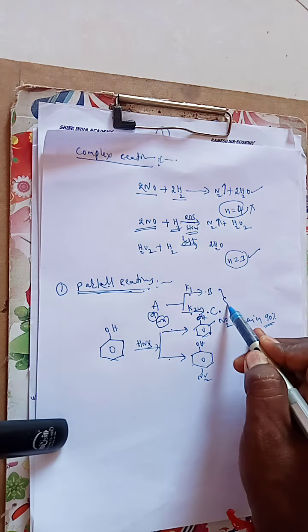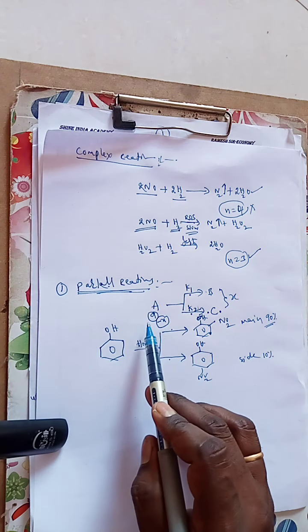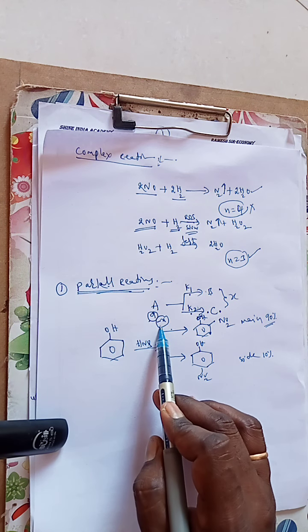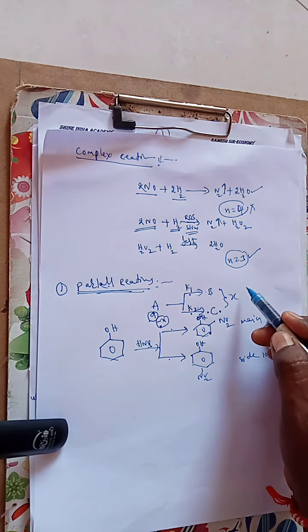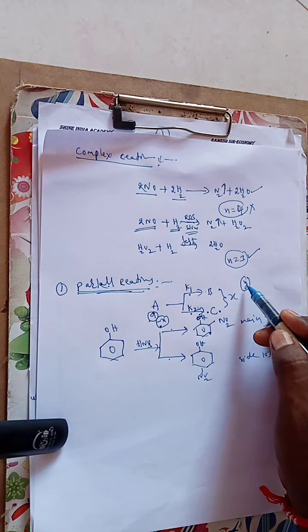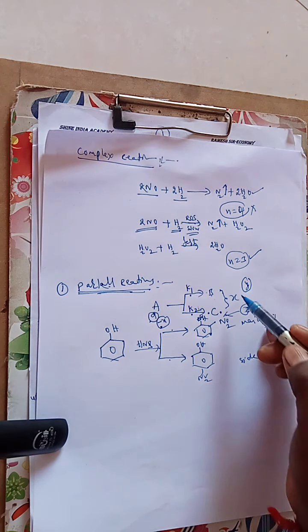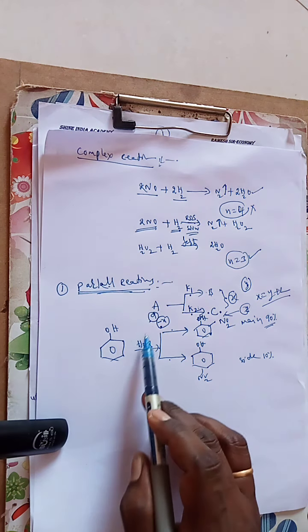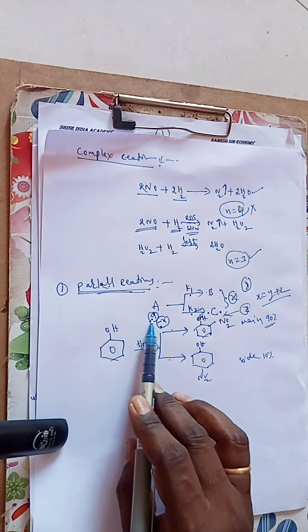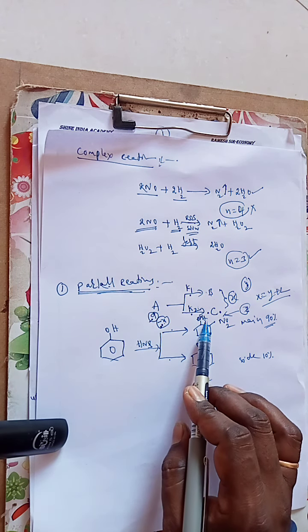The same x concentration forms as B and C concentration, so B and C concentration together equal x. Here is the decomposition of A: how much amount? x amount lost, and the same x amount appears as B and C. What about B? Let y be the concentration of B and z the concentration of C, so x equals y plus z. Why? Because the initial concentration is a, the loss is x concentration, and the same x concentration forms as B and C. What about B?